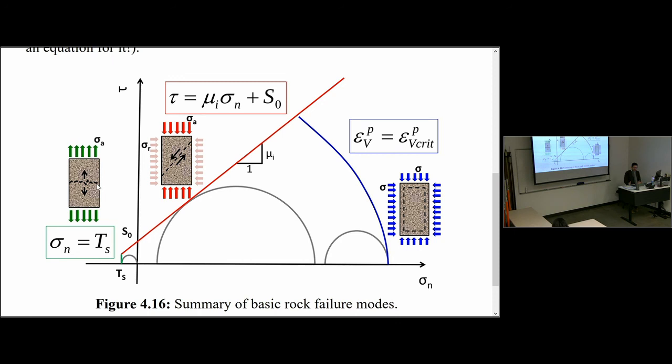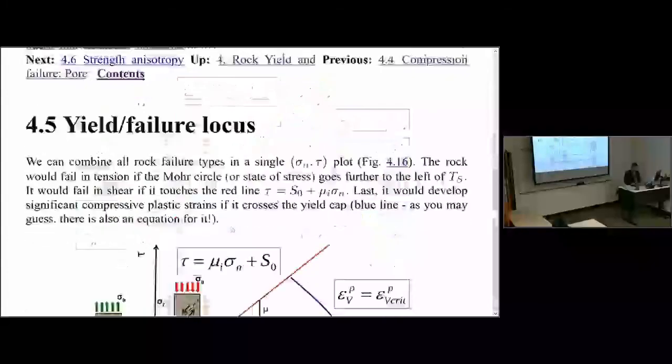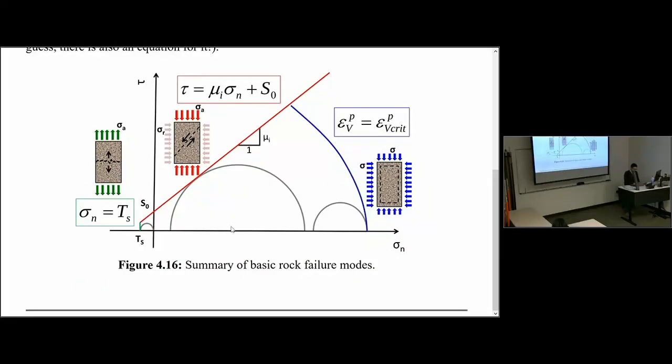So we have seen examples of tension and tensile fractures in the lab. We have seen examples of shear failure in the laboratory as well, like this one at relatively small mean stresses. Let me see if I can find it quickly. I'm missing that in my notes.